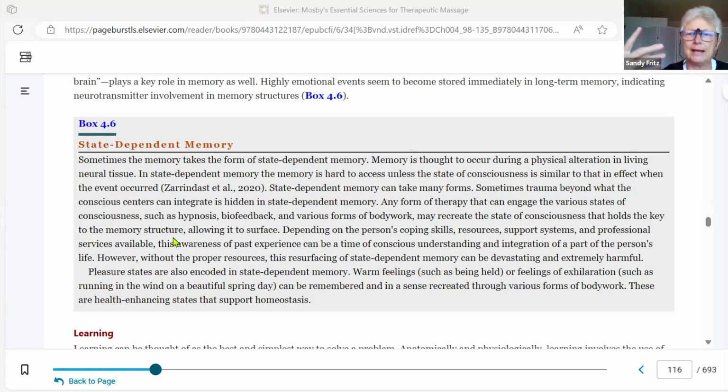All of that becomes part of your state-dependent memory related to the names of the nerves. A replication of that environment actually will help you remember the nerves a little bit better. You'll recall, because it all comes together.